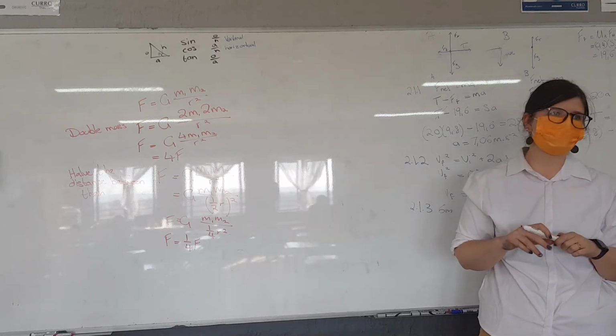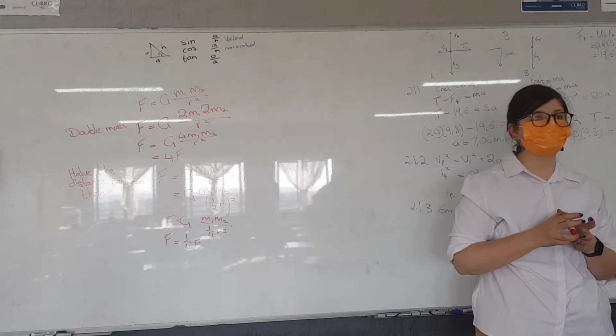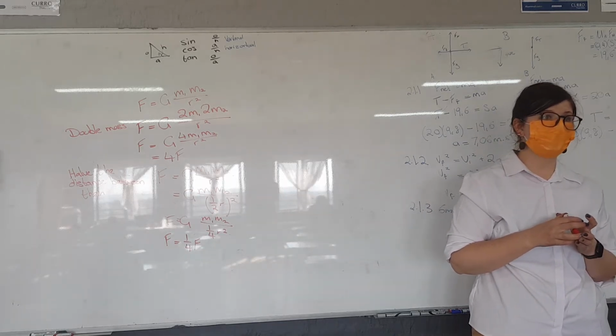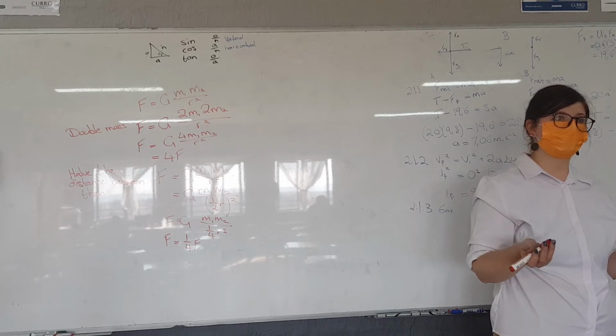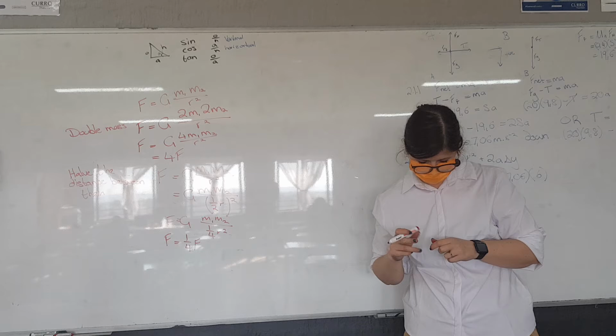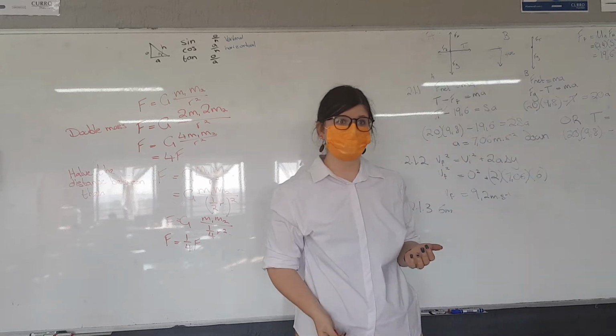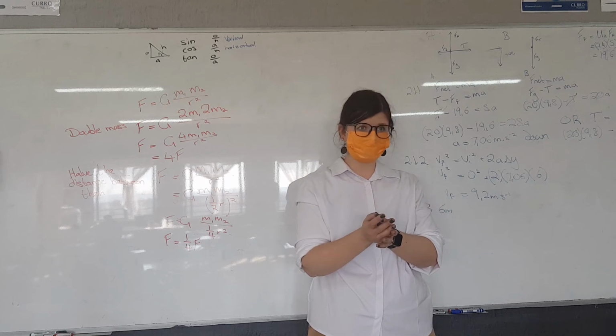Alright, so the first thing I do is use the equations of motion to calculate the gravity, because remember, gravity is essentially acceleration. So I know that when something moves up and then down again, so I'm going to throw my marker, what is my total displacement? 0.